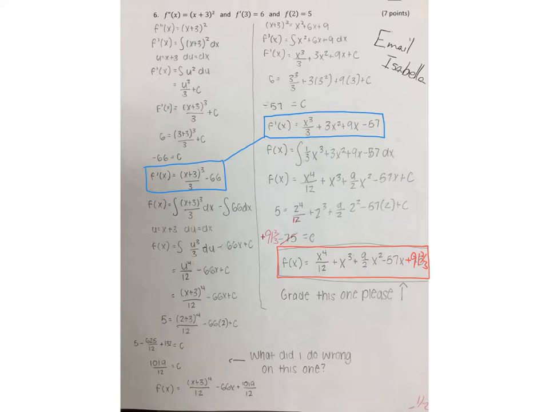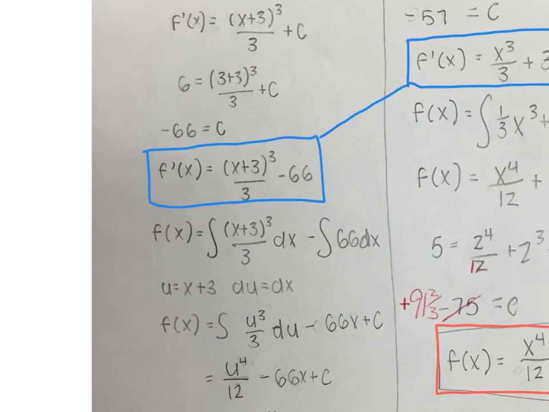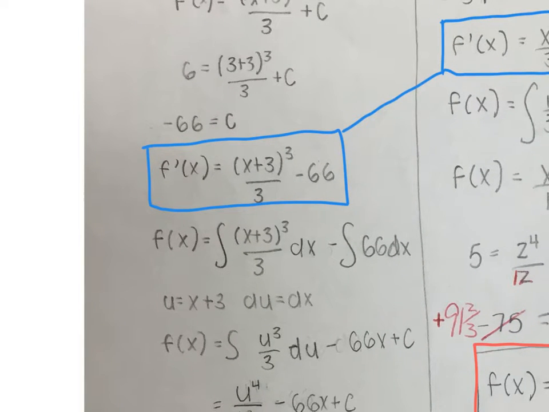Because when you expand the x plus 3 cubed, you get a plus 27 divided by 3 is a plus 9, okay? So right there, you're going to get a plus 9. Negative 66 plus 9 is the negative 57.